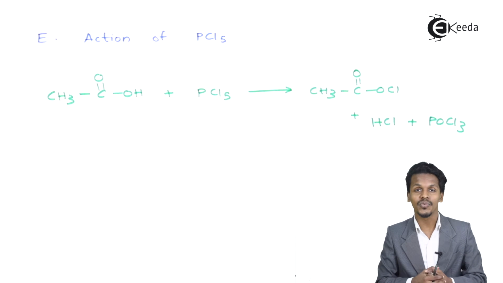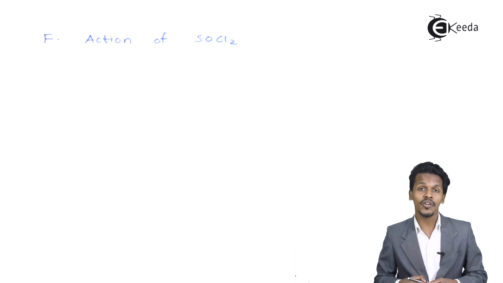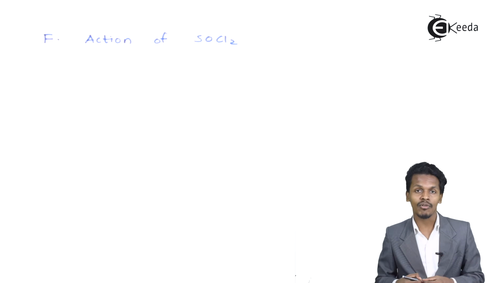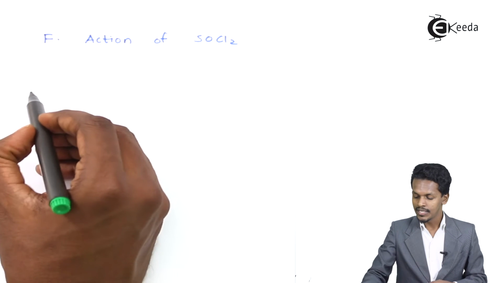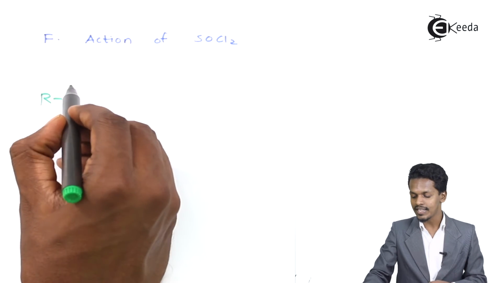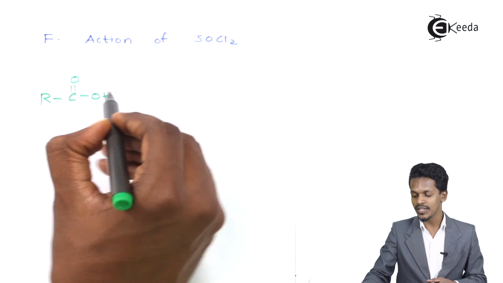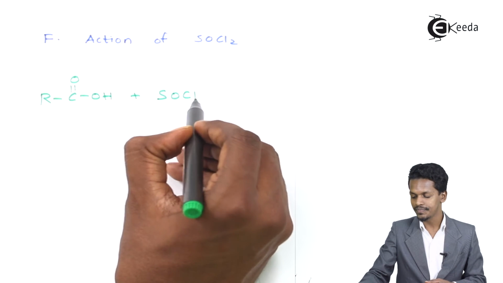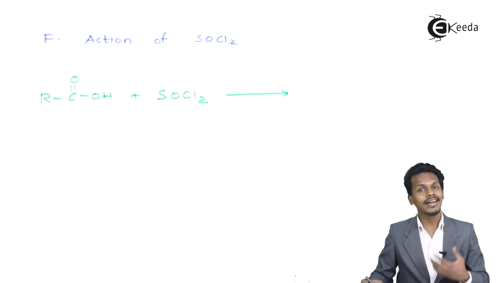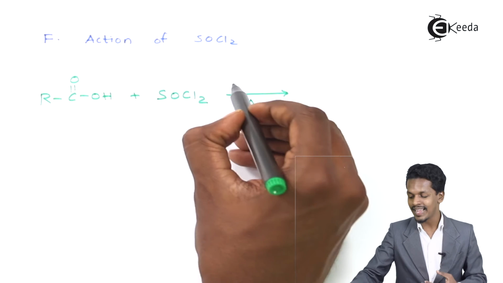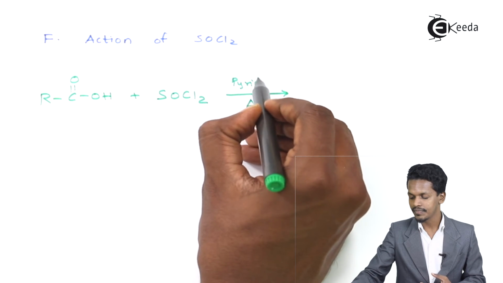Now let's move to the next. The next is the action of SOCl2, that is thionyl chloride, on carboxylic acid. For that we have a general reaction: RC=OOH reacts with SOCl2, but this reaction occurs in the presence of a base, that is nothing but pyridine.